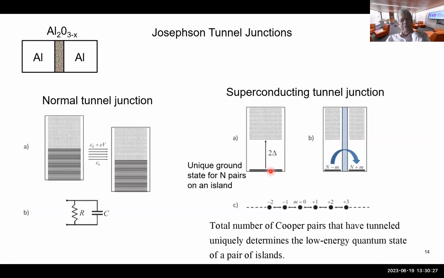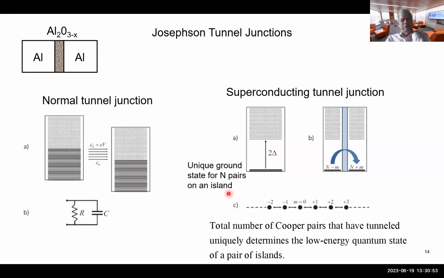In order to tell you the state of this junction, all I have to tell you is the number of Cooper pairs that have been moved from one side to the other.